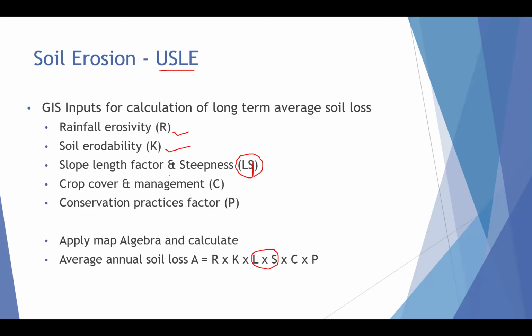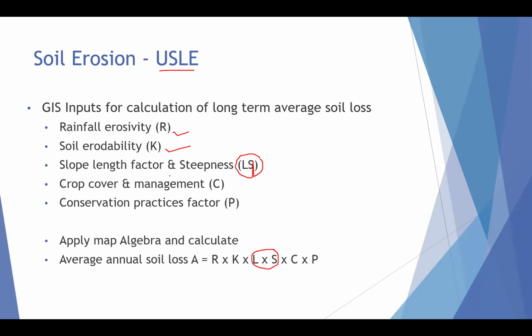Now, the next factor is crop cover and crop management. Suppose the soil is bare, it is open, then it is prone to erosion. However, if the soil is covered with some crops, that means the raindrop will not directly fall on the ground.